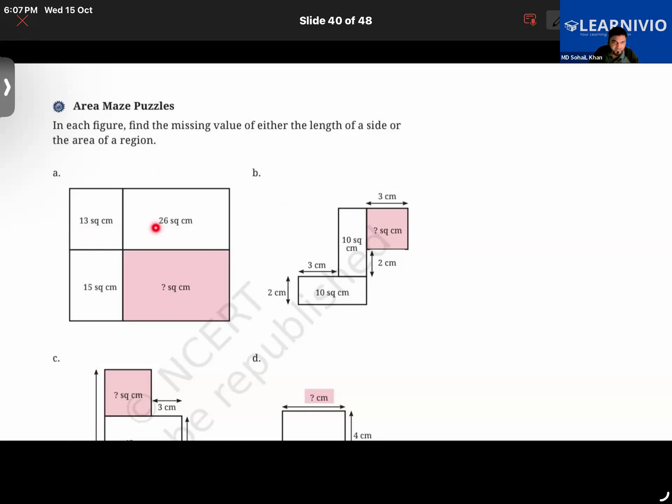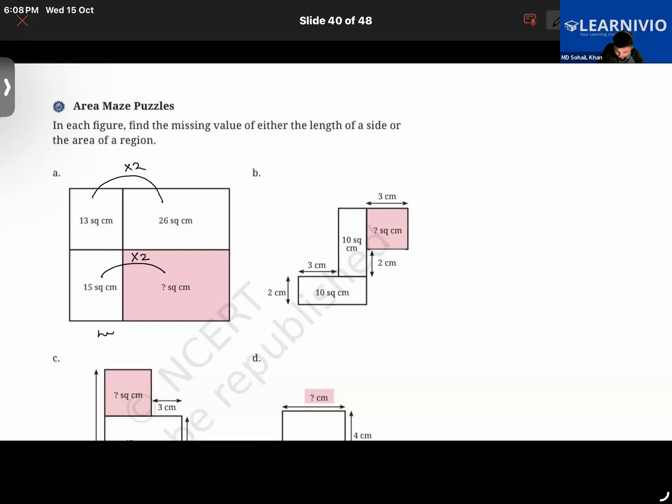Do you understand the pattern? The area of the next region is just double the area of the first region. By multiplying 13 with 2, you're getting 26. So similarly here you will also multiply 15 square centimeter with 2.